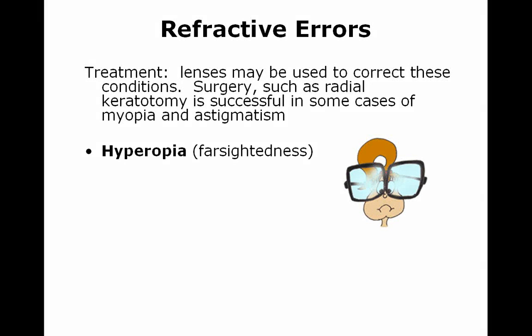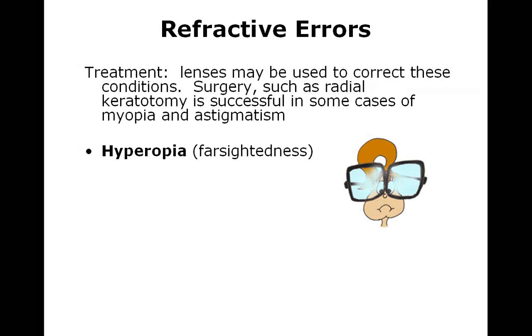The first is hyperopia, which is what we refer to as farsightedness. You can see things far away, but to see things close up, you have to have some kind of correction of your vision, like glasses or contact lens. Hyperopia, farsightedness.